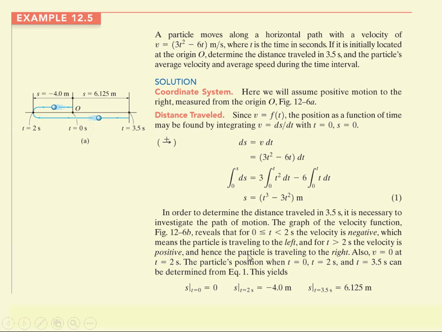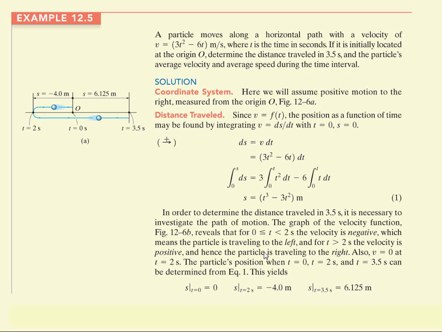This says that between 0 and 2 seconds, the velocity is negative, which means the particle is traveling to the left. And for t more than 2 seconds, the velocity is positive, and therefore the particle is traveling to the right. Also, v equals 0 at t equal to 2 seconds.